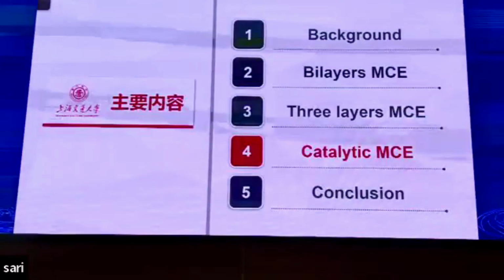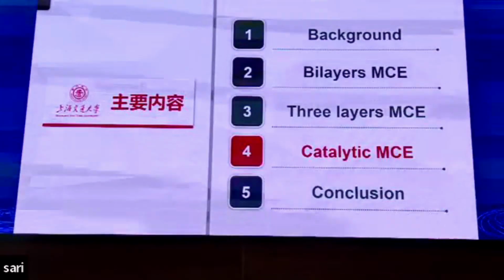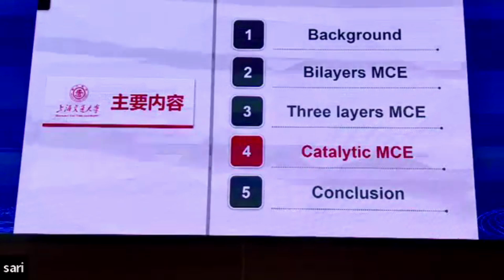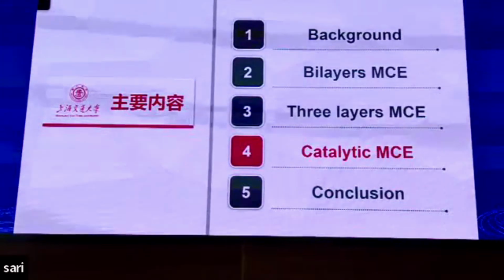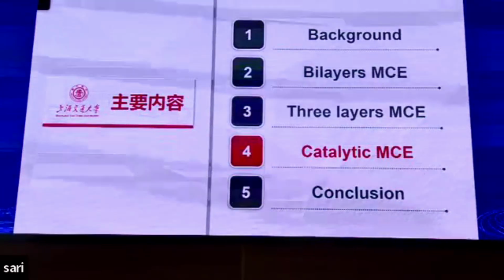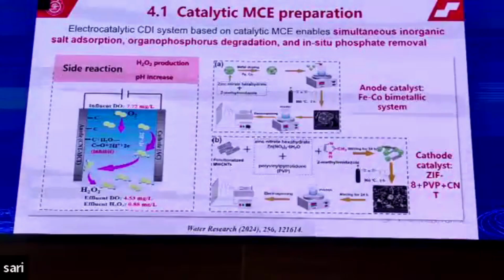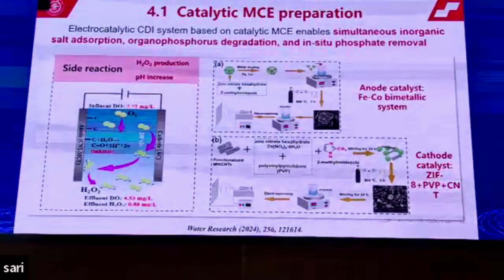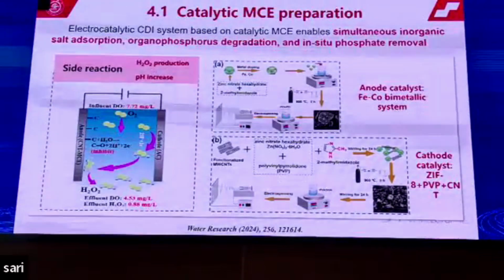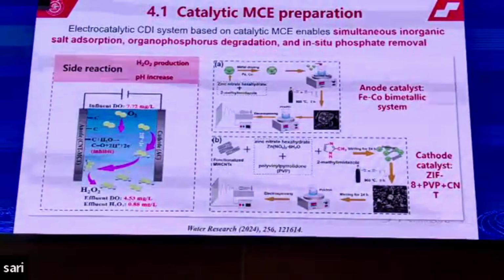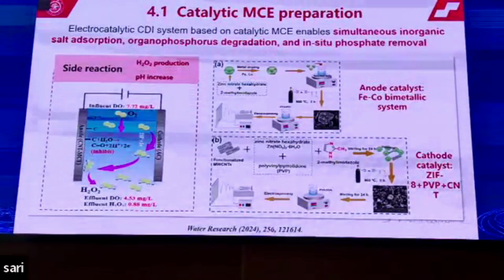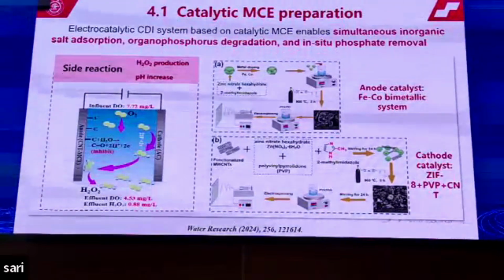So after the optimization of the SAC and the wider range, we want to see whether it can really achieve the degradation of the organic pollutant. In this study, we use a Fenton-like reaction.